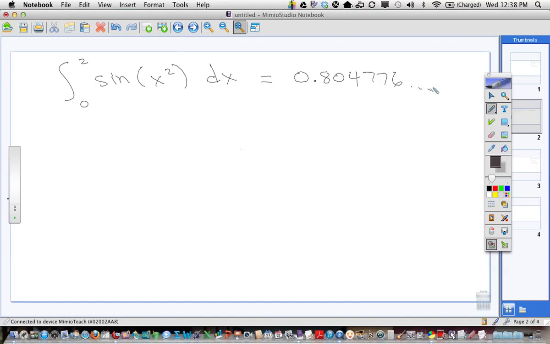Somehow the calculator is guaranteeing that it knows the right answer to 13 decimal places. Now, how can it possibly know that? If we don't know the exact answer, how can we know we're right to 13 decimal places? That's what we're trying to investigate today. If we don't know the exact answer, how can we know when we're this close? So that's what we're going to be going through.